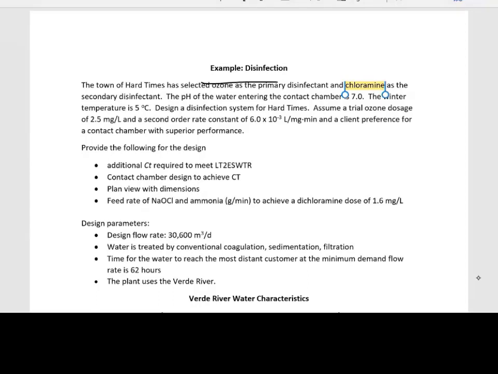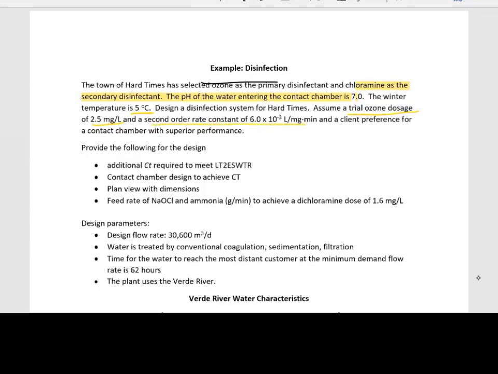The pH of the water is 7.0. We have a winter temperature of 5 degrees. We will assume a trial ozone dose of 2.5 milligrams per liter.